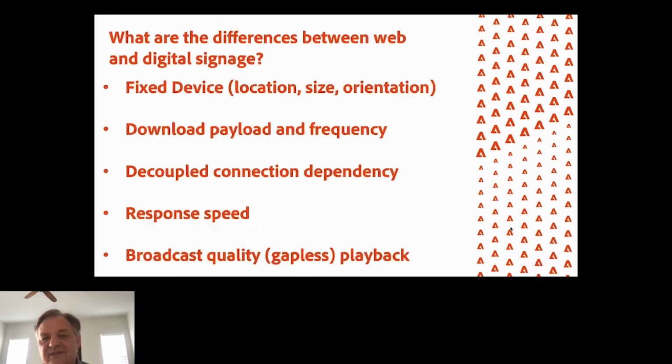So, what are some of the differences between web and digital signage? So, I mentioned fixed device. That is a hallmark of digital signage. We typically know the exact location of a device. Additionally, we know other properties about that device as well. So, we know the size, which never changes, and the orientation of that screen, which also never changes.